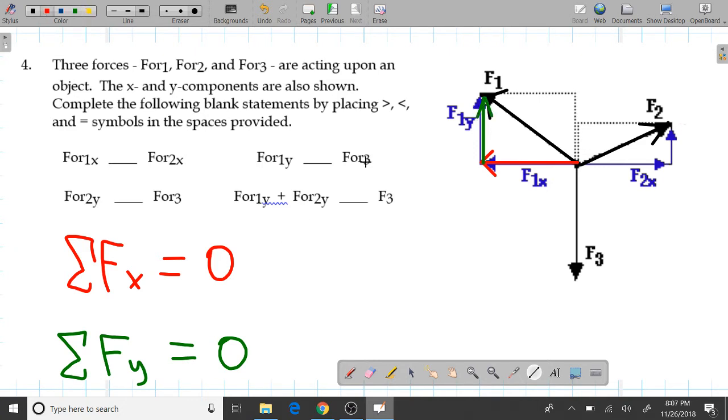And the same thing for force 2. Force 2 is pulling in the x direction, at the exact same time as acting in the y direction.